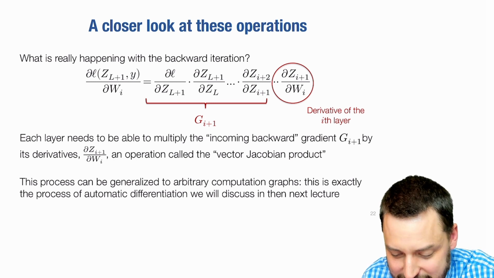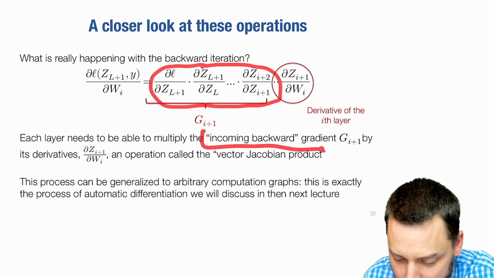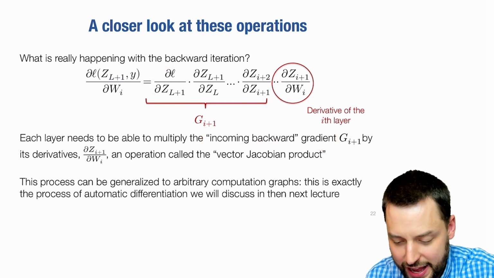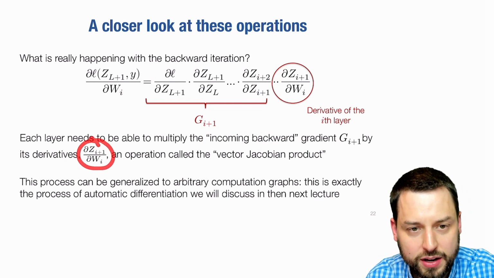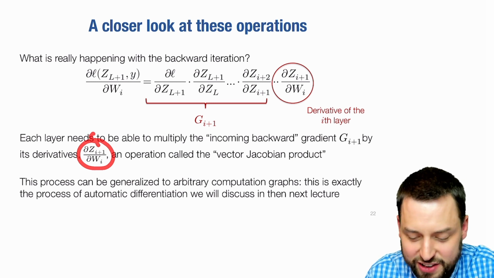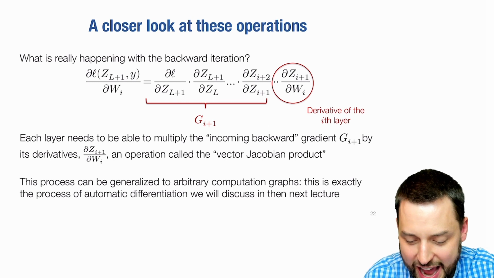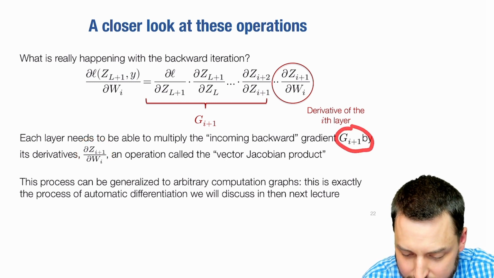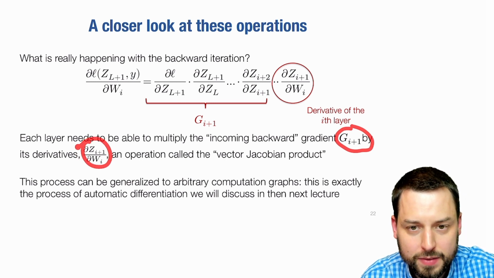And it also had to take this term here, what I'll call the incoming backward gradient, Gi plus 1, and multiply it by its own derivatives, the derivative of Zi plus 1 with respect to Wi, right? Really this is some big Jacobian thing, but ignoring that for a second, it had to figure out how to multiply this thing by this thing, whatever size actually made sense here.